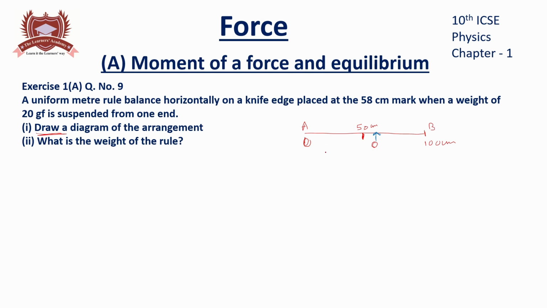Since OA is larger than OB, it would produce an anti-clockwise moment. Since it is producing an anti-clockwise moment, we would have to add a weight at point B so that we can balance this anti-clockwise moment by producing some extra clockwise moment. So, this is 58. I missed out on writing it.